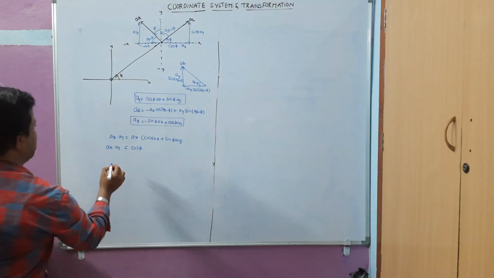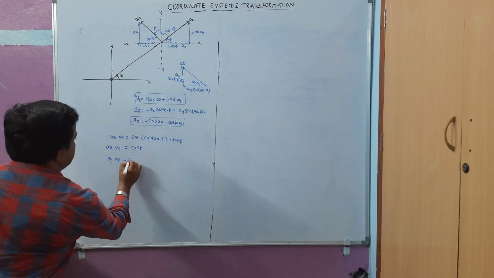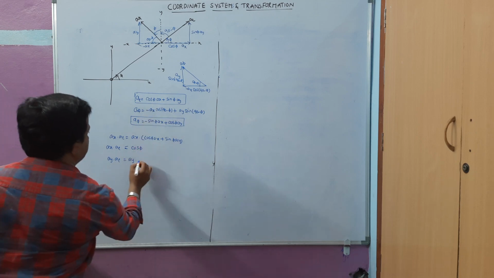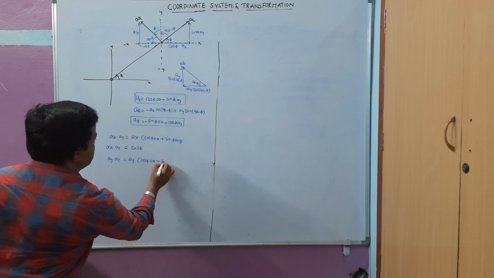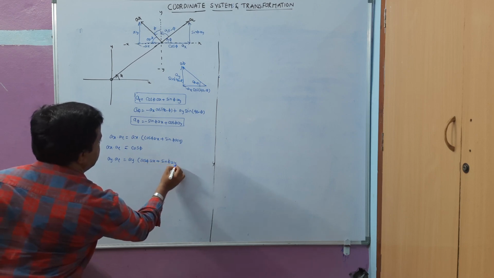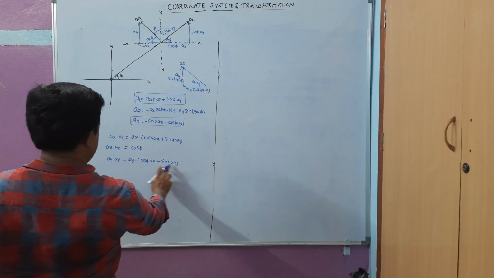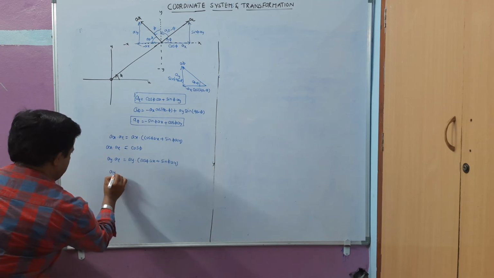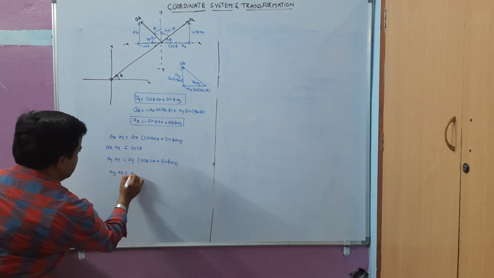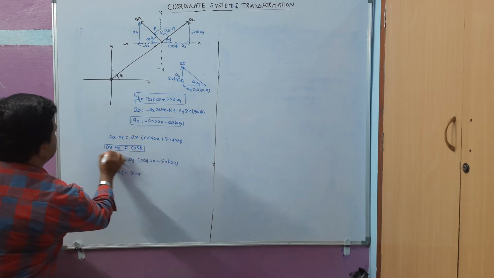Similarly, ay dot a rho is cos phi ax plus sin phi ay. The dot product of ay dot ay is 1, ay dot ax is 0, so ay dot a rho is equal to sin phi. So we have got the two things here.